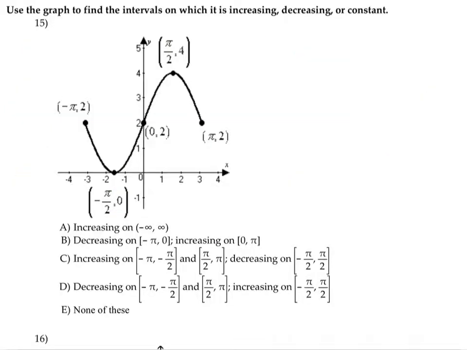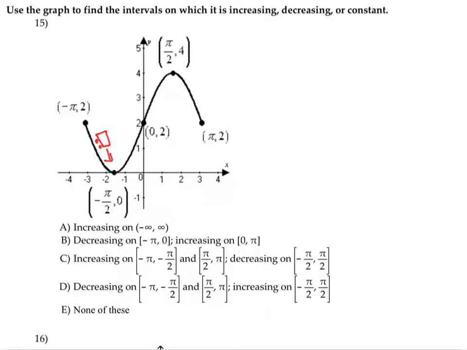15. Here we've got a graph, a little snaky, curvy graph. They're saying use the graph to find the intervals in which it is increasing, decreasing, or constant. And then they have multiple choice answers down there. So where is the graph if you're riding the roller coaster, right? We're always going to the right.